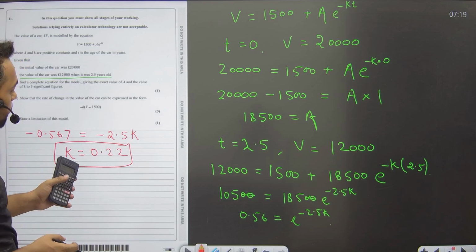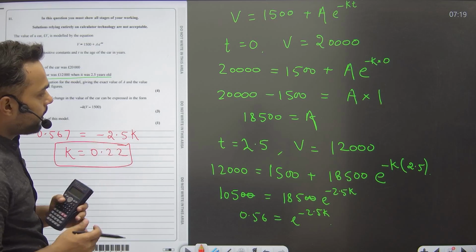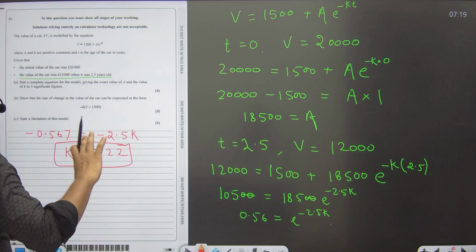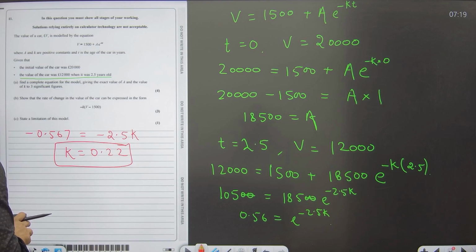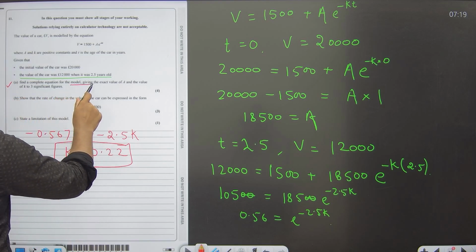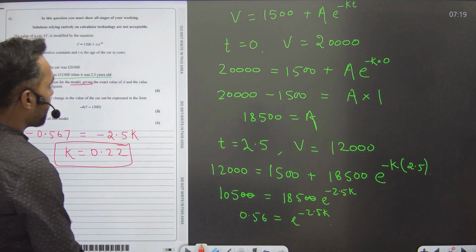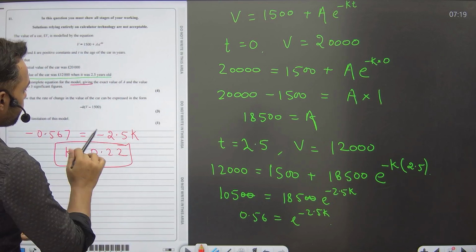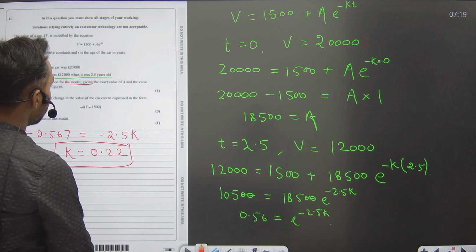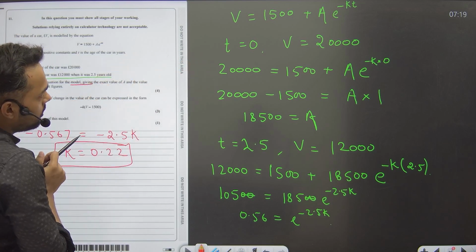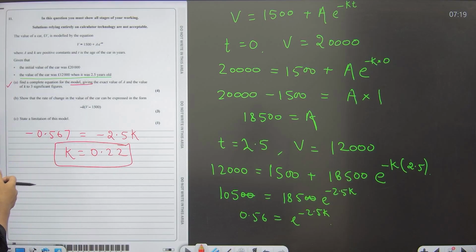Now if we plug in this value of k in the particular equation which we have got, then we will have the whole equation. Now in the first part they have asked for the complete equation for the model, which we have already got. We just need to plug in this value there, so we'll get the whole equation.